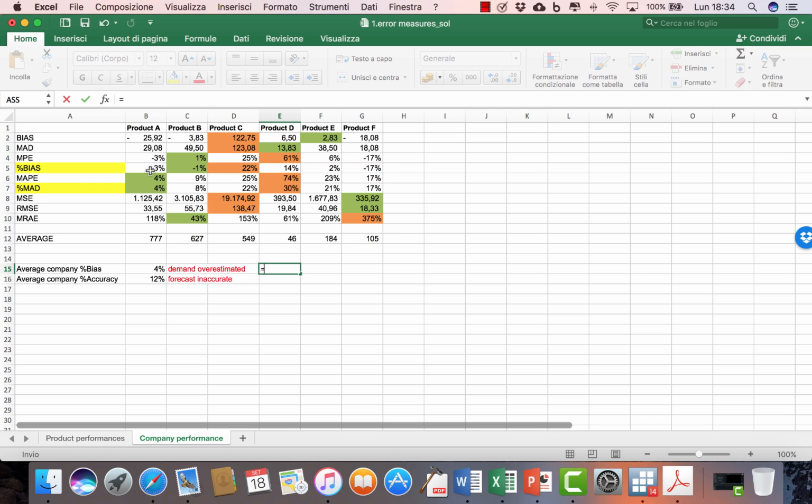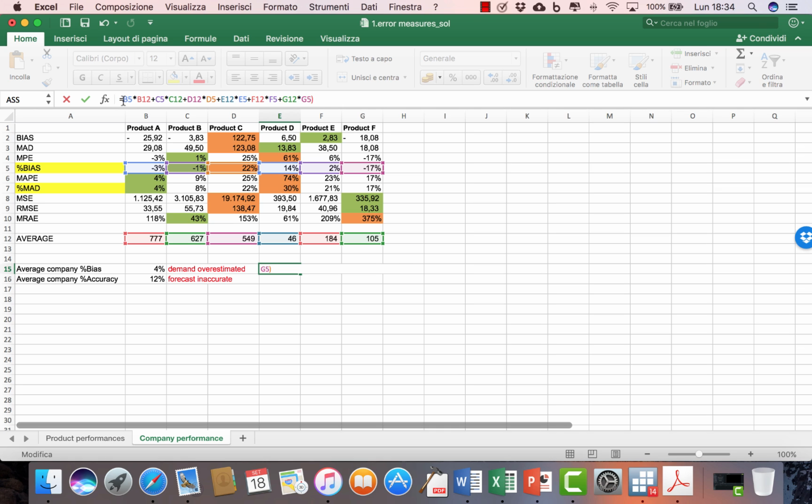For each product, I take the percentage bias multiplied by the average demand, plus the percentage bias of the next product multiplied by its average demand, plus this one and this one, and so on.